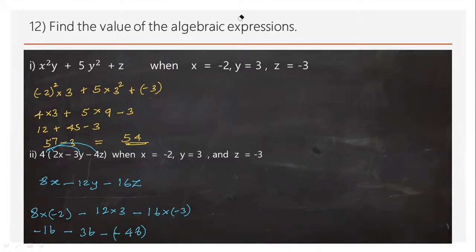I have added 6 here. Minus 16 minus 36. 6 and 6, 12, 1 remainder. 2 and 3, 5, minus 52. Minus into minus plus 48. Then difference you have to take. 52, 48.